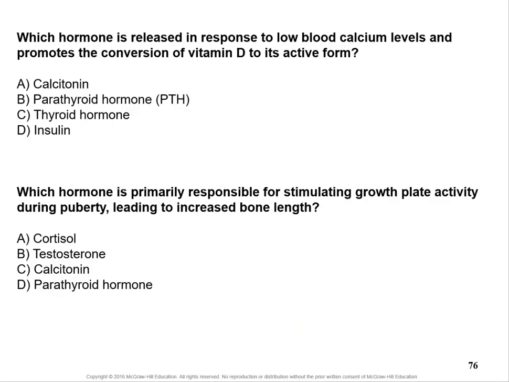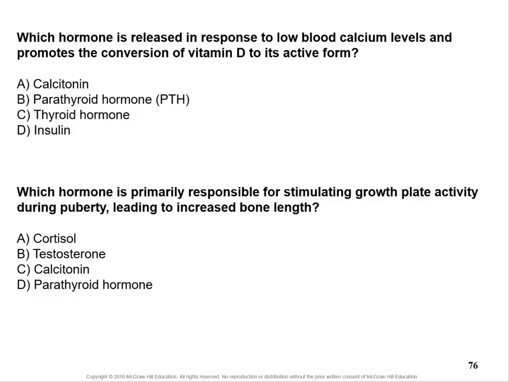All right, which hormone is released in response to low blood calcium levels and promotes the conversion of vitamin D to its active form? Low blood calcium levels. So this is going to be B, parathyroid hormone, okay?